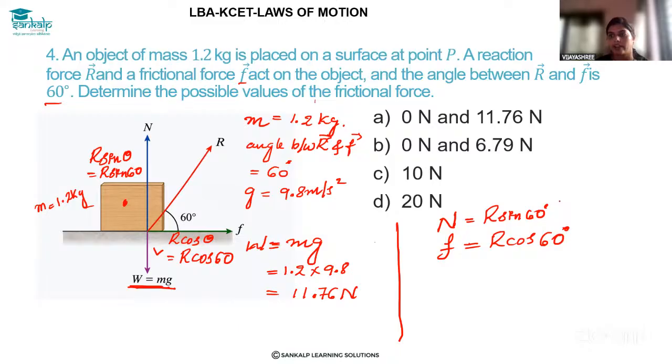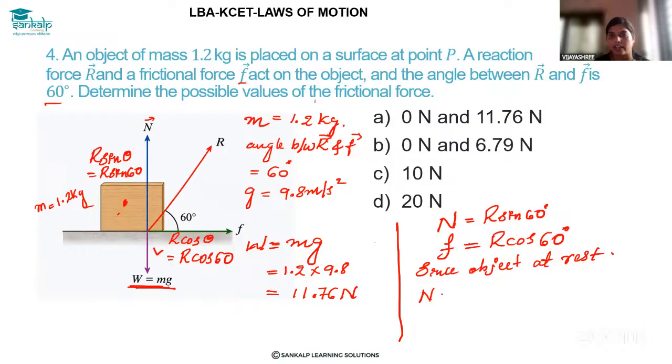Now, since the object is at rest, N and W are both equal and opposite in direction. So here, the normal reaction force and the weight of the object have equal magnitude but act in opposite directions.